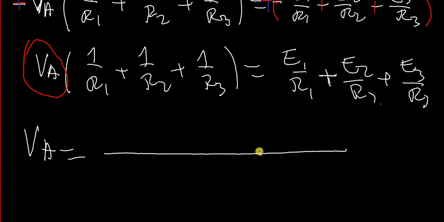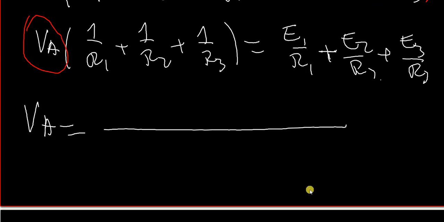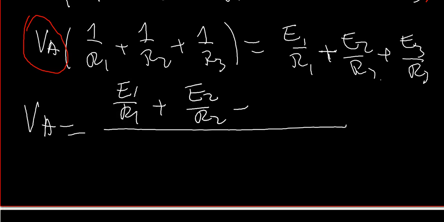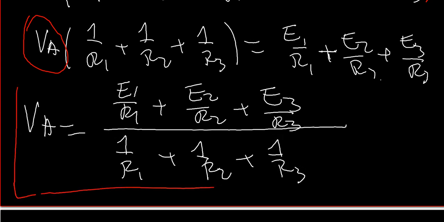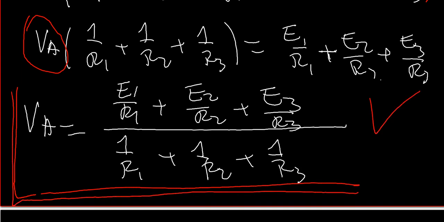Let me send it down so that we have a small area. So when we reach here, you discover that we will have E1 on R1 plus E2 on R2 plus E3 on R3, all divided by 1 on R1 plus 1 on R2 plus 1 on R3, and the formula has been proved. That is how you can prove the formula of Millman in order to get the voltage at a certain point.